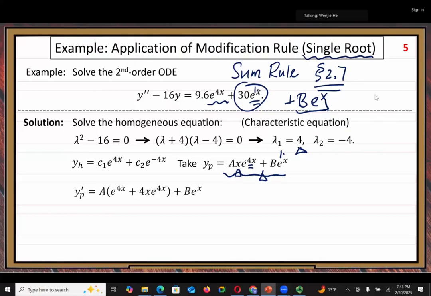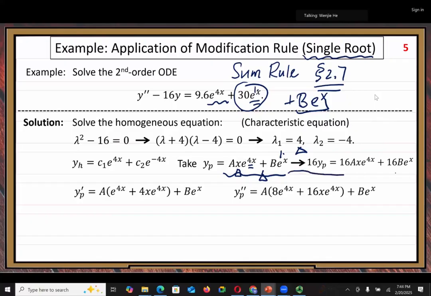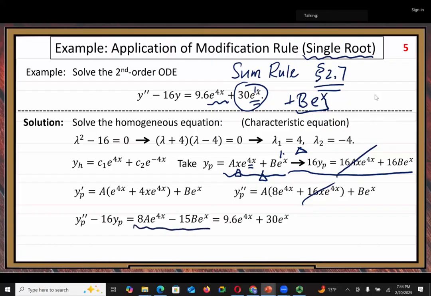Let's calculate. Prime, double prime, plug in. For the plug in, I multiply 16 to that yp. Then subtraction. When you do subtraction, 16 is gone. And after simplification, you get these two terms. One a term, one b term. And this is the r function.